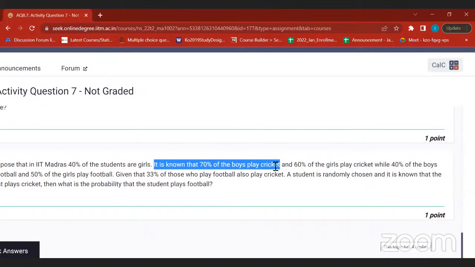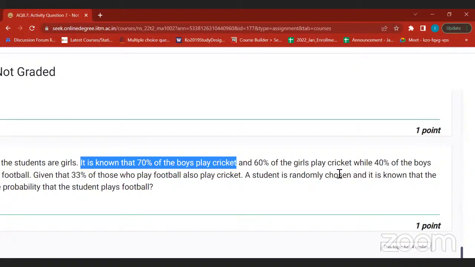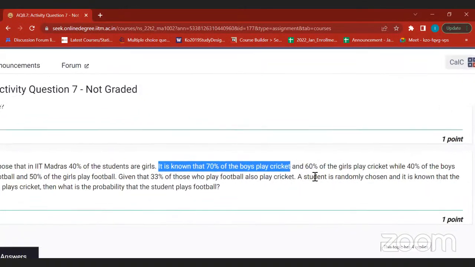So here you will have some double branching, I feel, and then the intersection part you will have. That double branching is not summing up to 100. That's the contradiction I'm facing. Why would it, right? Because there is an intersection. 70% of boys play cricket.